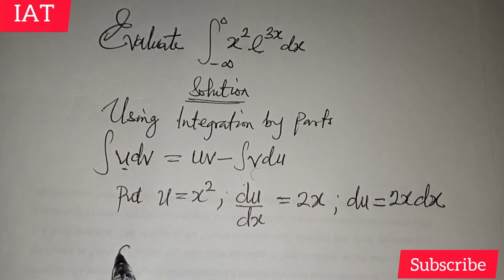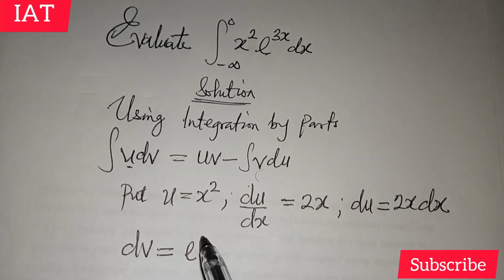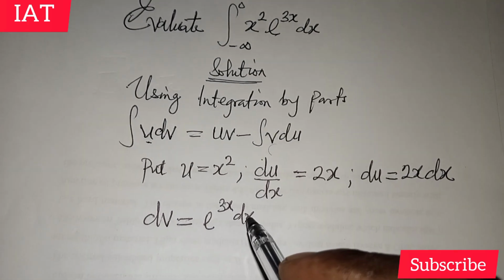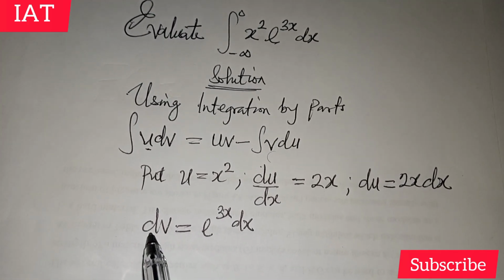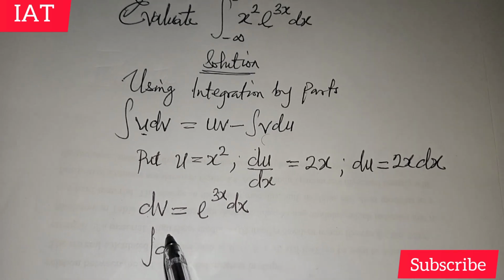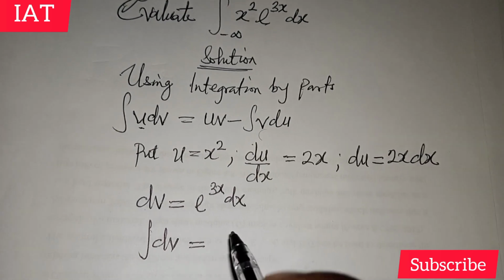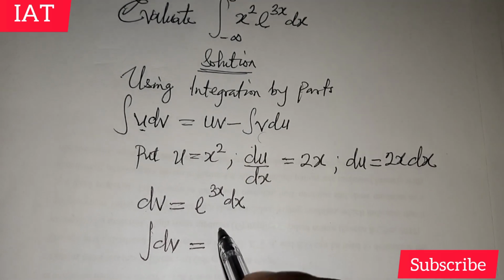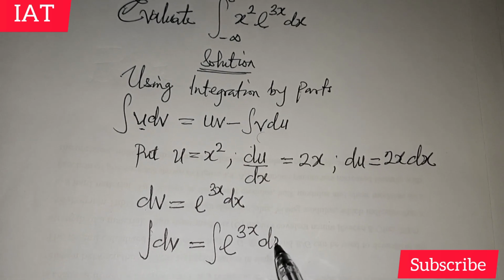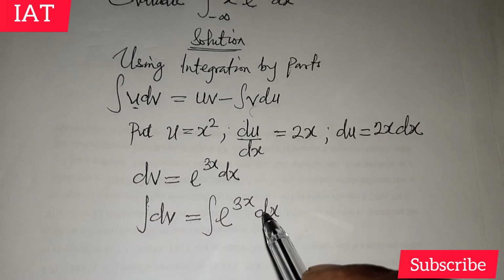Again, we have dv to be for exponential 3x dx. So what we need to do for us to eliminate this derivative symbol is to take the integral of dv, and then we also need to take the integral of exponential 3x dx. Because we added integral to this left hand side, we need to do the same thing to the right hand side.